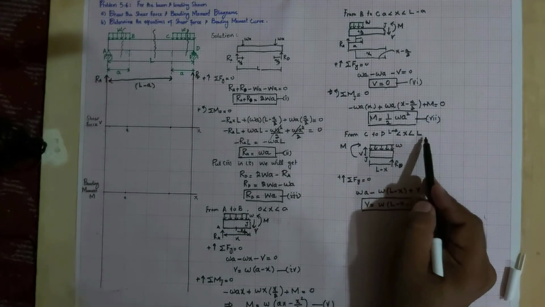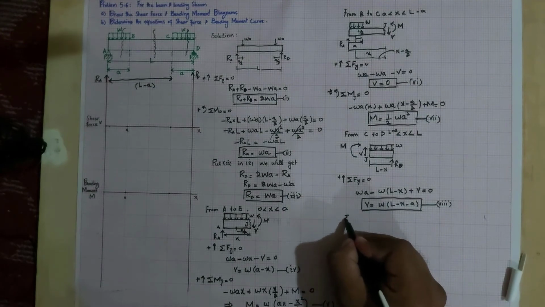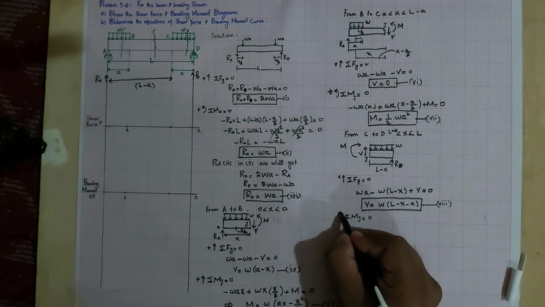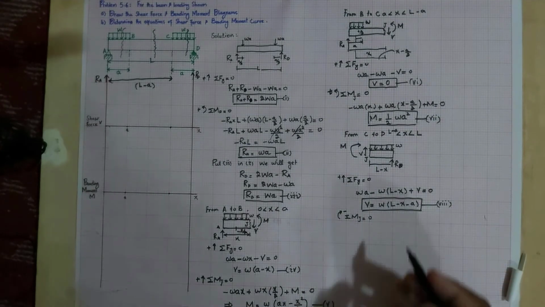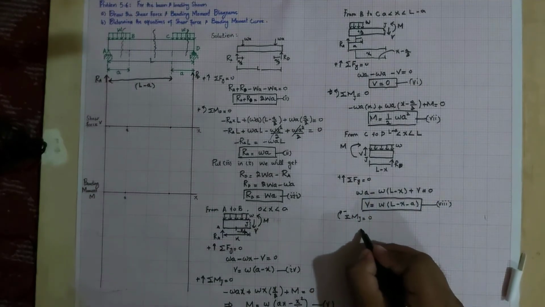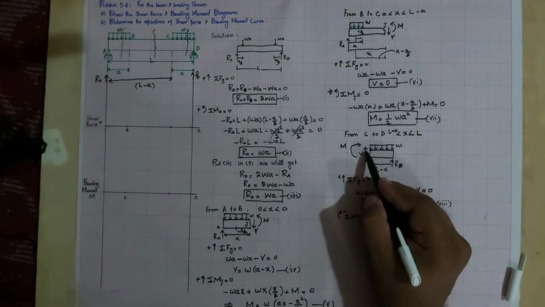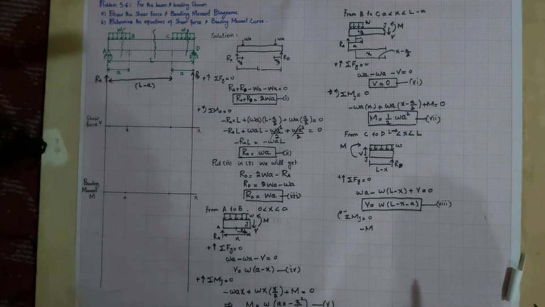For the bending moment equation, we will take moments about J equal to 0, with clockwise taken as negative. So you can see there is a clockwise moment equal to minus M. Clear?